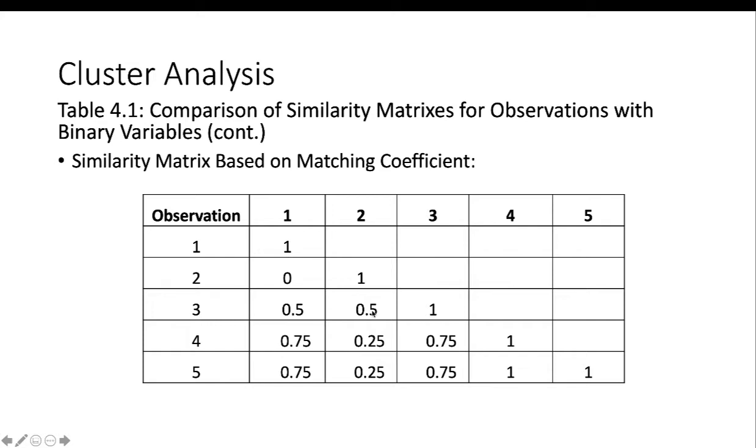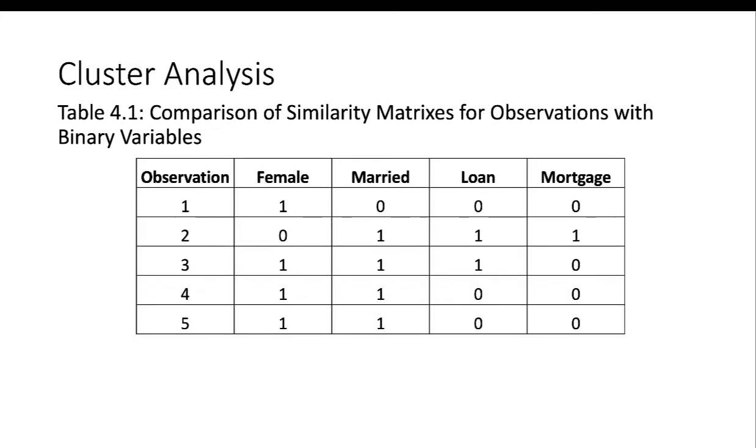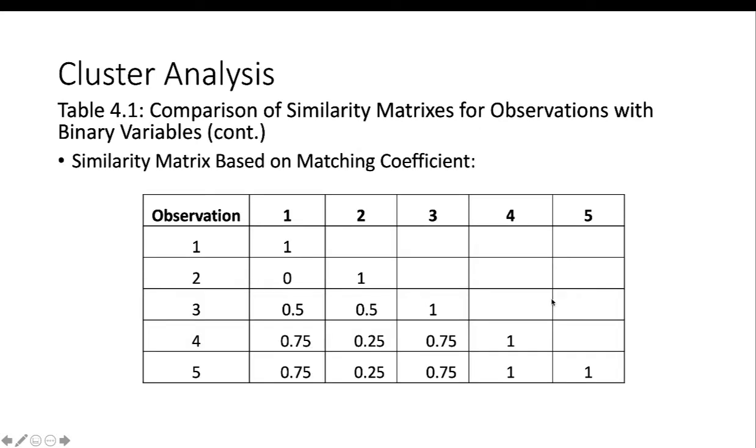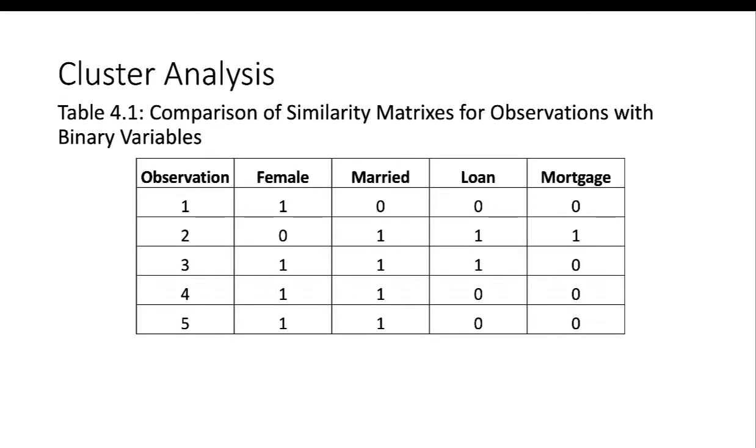Because 3 out of 4 variable values match between observations 1 and 4, right? Between 1 and 4. Just 2 matching values out of 4 for observation 2 and observation 3.